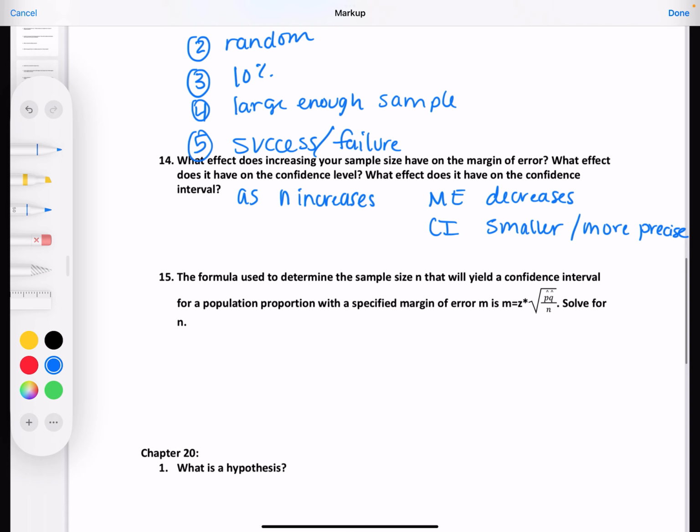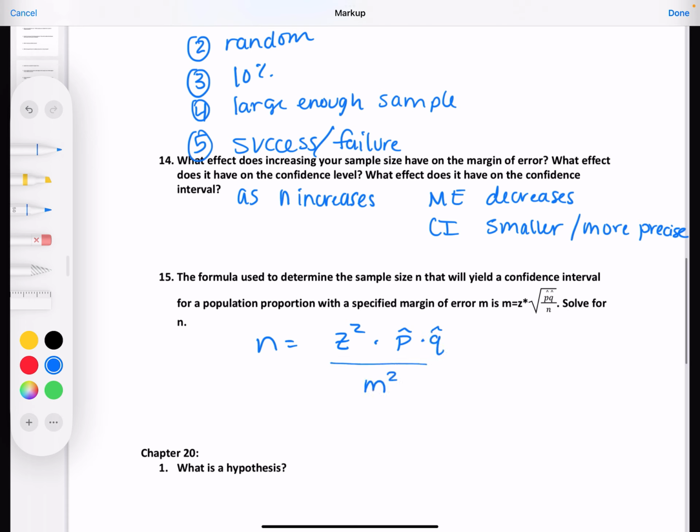All right, then the formula used to determine the sample size n that will yield the confidence interval for a population proportion with a specified margin of error is m is equal to blah, blah, blah, solve for n. So, I think we've done this before, but n is equal to z squared times p hat times q hat over m squared.